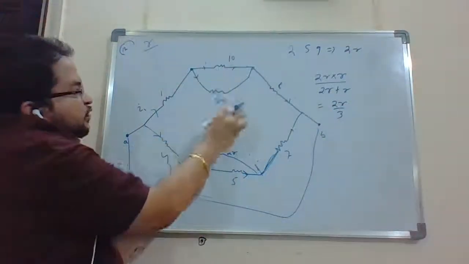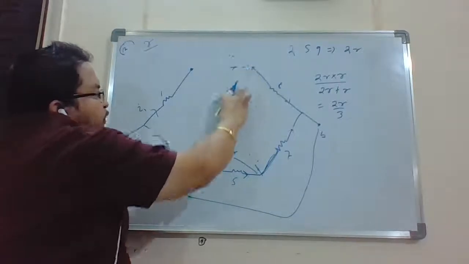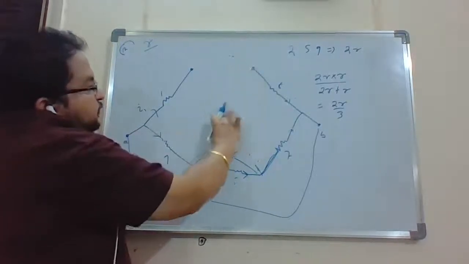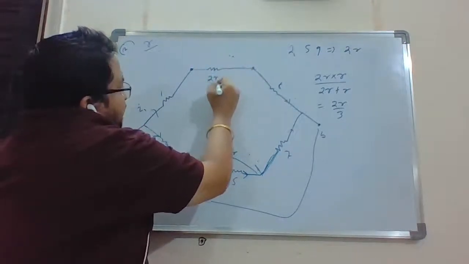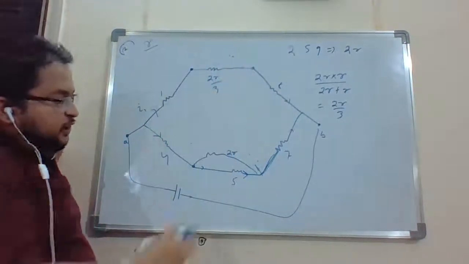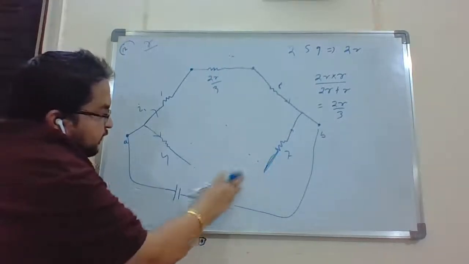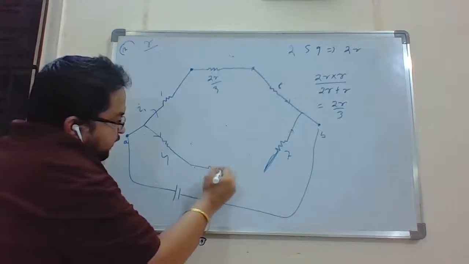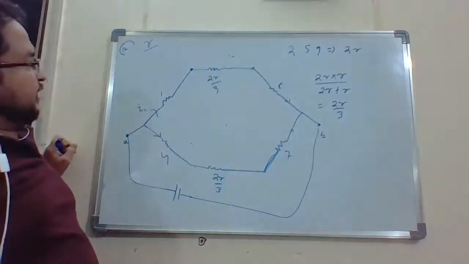So I can remove both of these, and in this place I can just put a resistor that is equivalent to 2R by 3. Similarly, here also I can remove both of these and I will substitute it with 2R by 3.